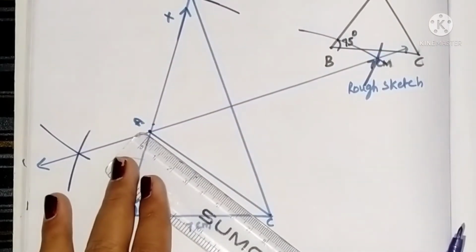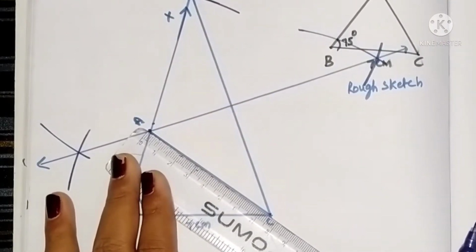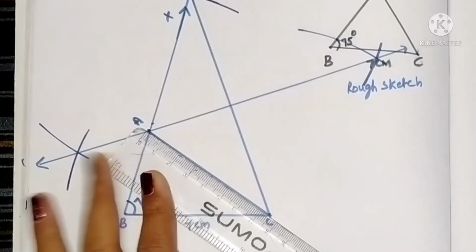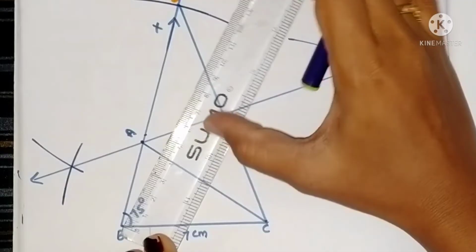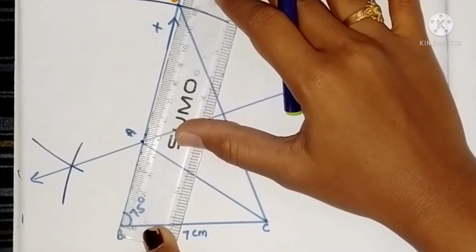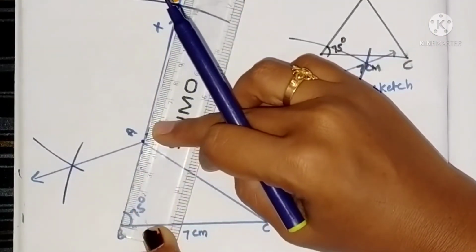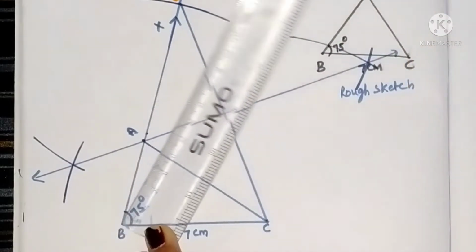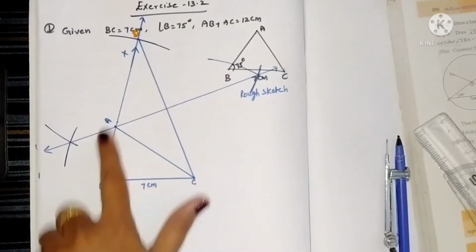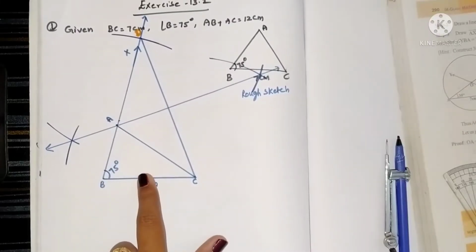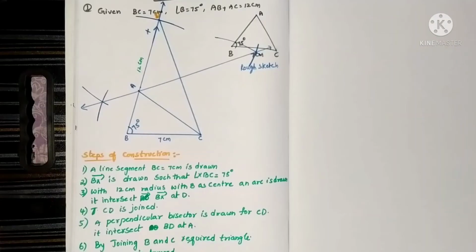If you measure this, AC is 7.5 and AB we got 4.5. 7.5 and 4.5 is 12 centimeters. So ABC is the required triangle.